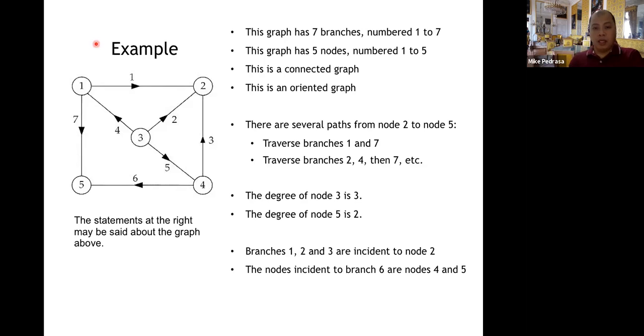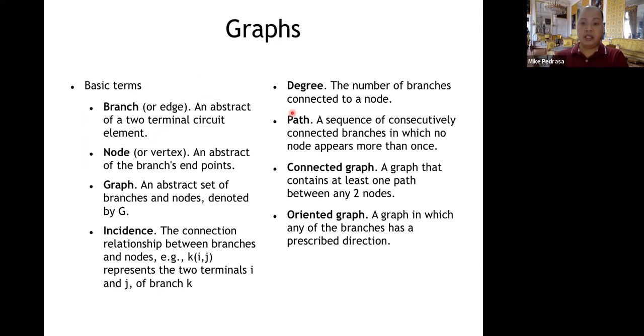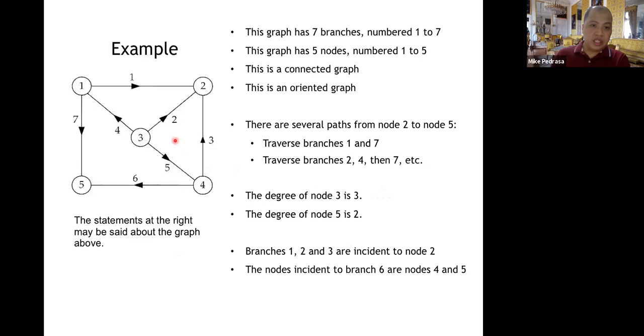Okay? Now, this is also an example of an oriented graph. So let's go back to the definition of oriented graph. A graph in which any of the branches has a prescribed direction. So here, we see the 7 branches, and all of them have a specified direction. In fact, importante yan sa load flow or in network analysis because when we define currents, we need direction.